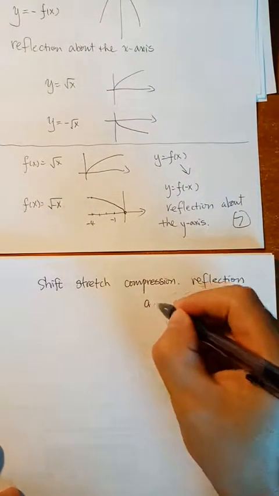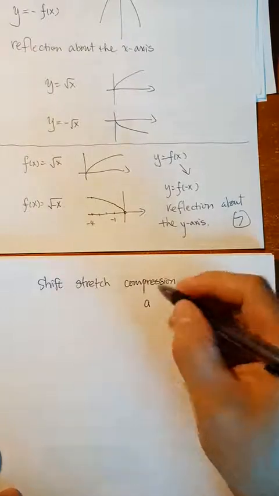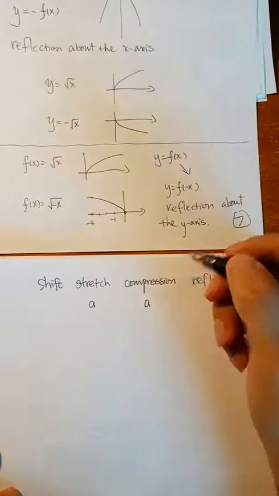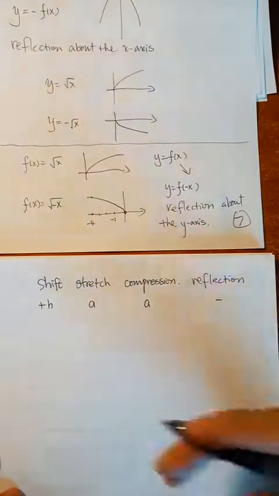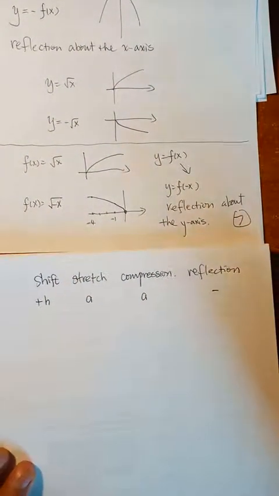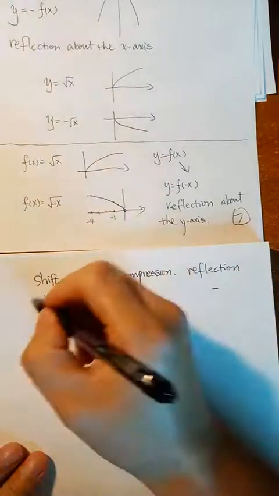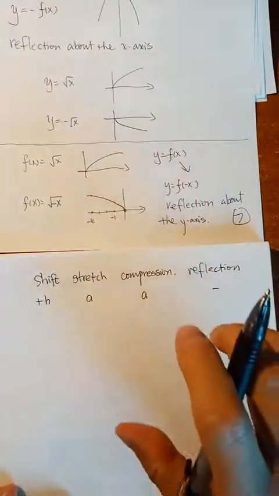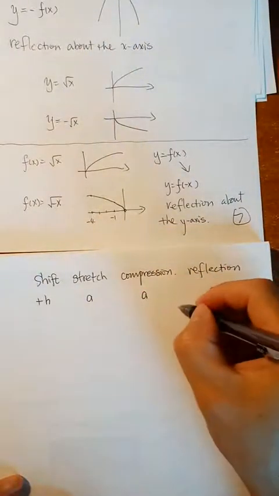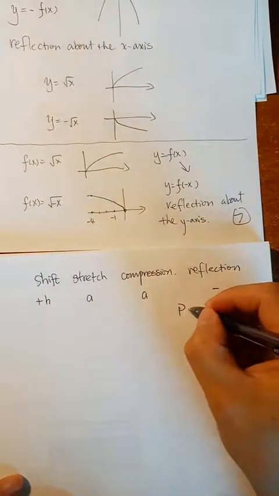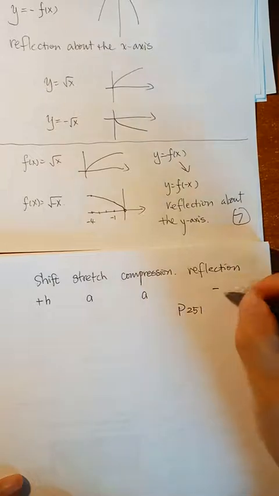Compression with a smaller than 1. Stretch is also with the coefficient a, greater than 1. Shift is with a plus h, either to x or to f(x). Okay, so they are the 4 techniques, and these techniques are classified on page 251.